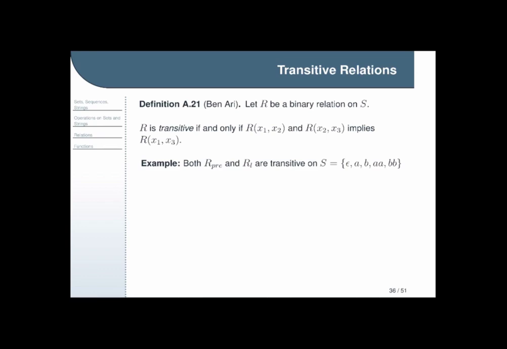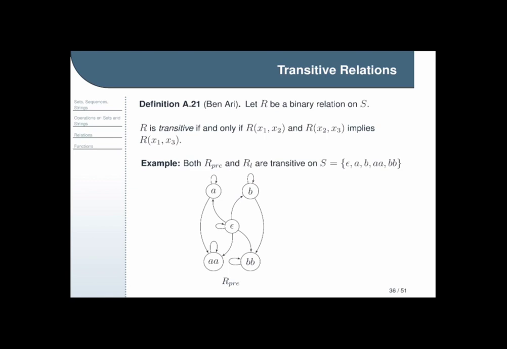So what does this look like? Well, both of our relations R pre and RL were transitive on this set S, and we'll show you what this looks like in a graph, right? So in the graph form, R pre, how do I find a transitive relation? What it means is if I have an arrow going from one node, my epsilon here, out to B, and I have an arrow going from B to BB, I know there must then be a shortcut arrow that also goes from epsilon to BB.